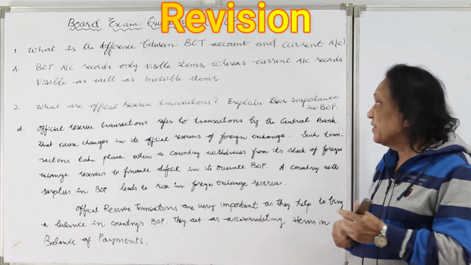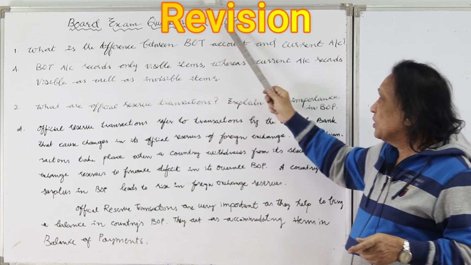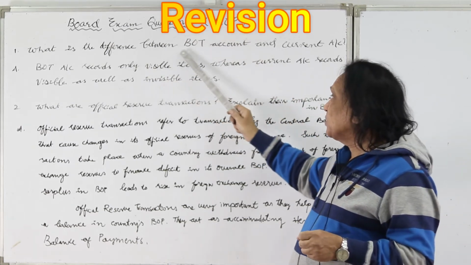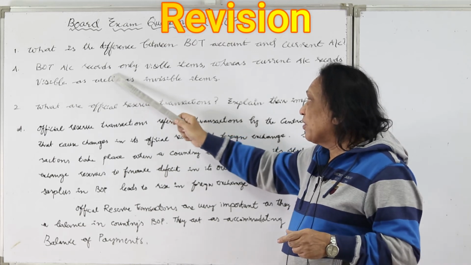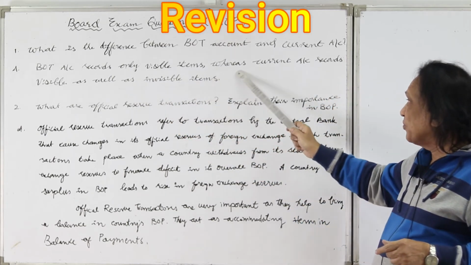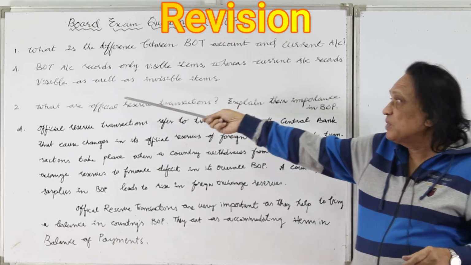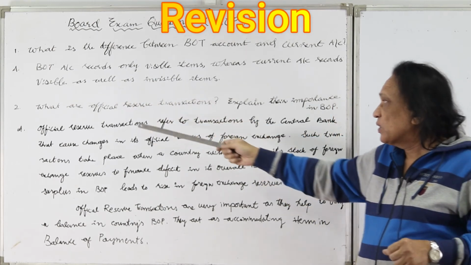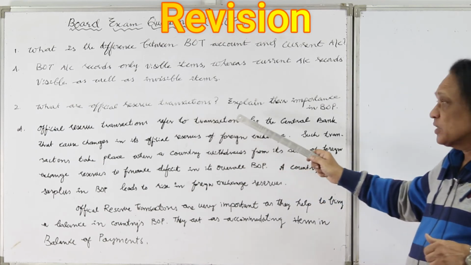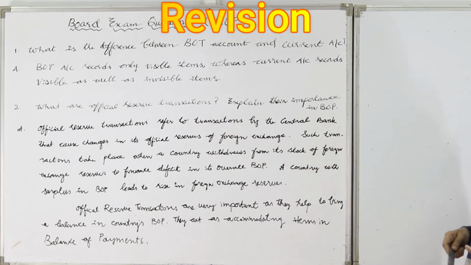I'll read what is written here. Board exam questions, BOP. What is the difference between BOT account and current account? BOT account records only visible items, whereas current account records visible as well as invisible items. What are official reserve transactions? Explain their importance in BOP.